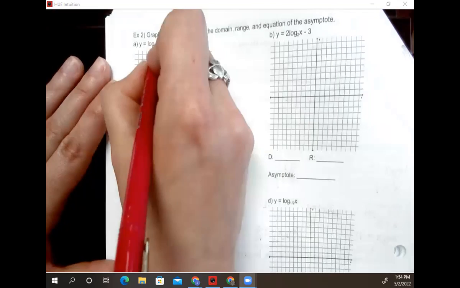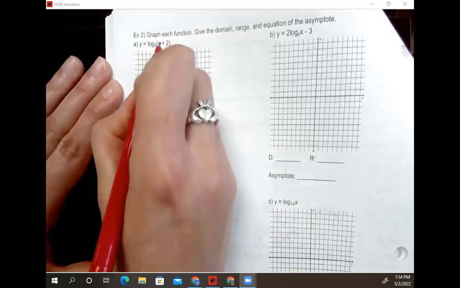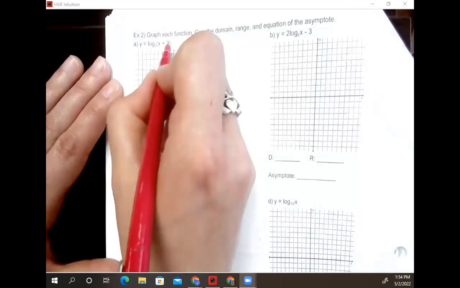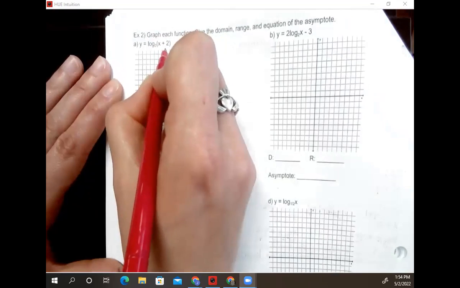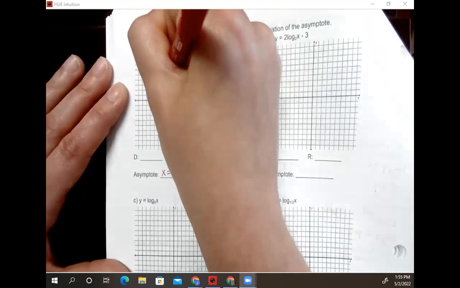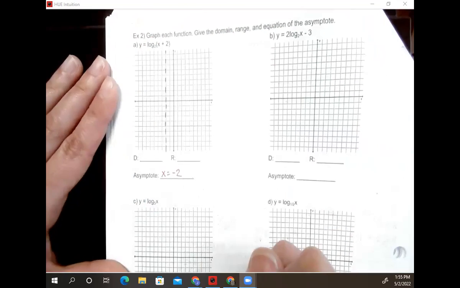So we're going to look in with x. Okay, if it's in parentheses with x, that tells me where my asymptote is moved to. So this tells me that I would have a shift to the left 2 places. So my asymptote would be at x equals -2. It is important to put the x equals there. We are talking about a line, so I need to describe it as a line.